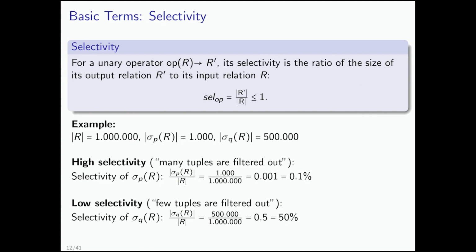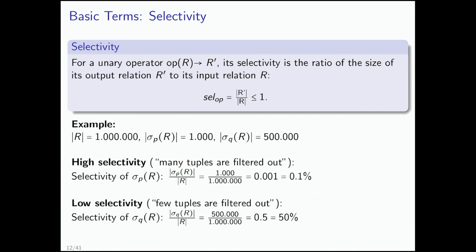If you look at an example where we have an input relation R with 1 million tuples, and then we have a selection on predicate P that returns 1,000 tuples, and another selection with predicate Q that would return on the input R 500,000 tuples, then we can do the math for P. That's 1,000 divided by 1 million, that's 0.001 or 0.1% of the input relation is returned.